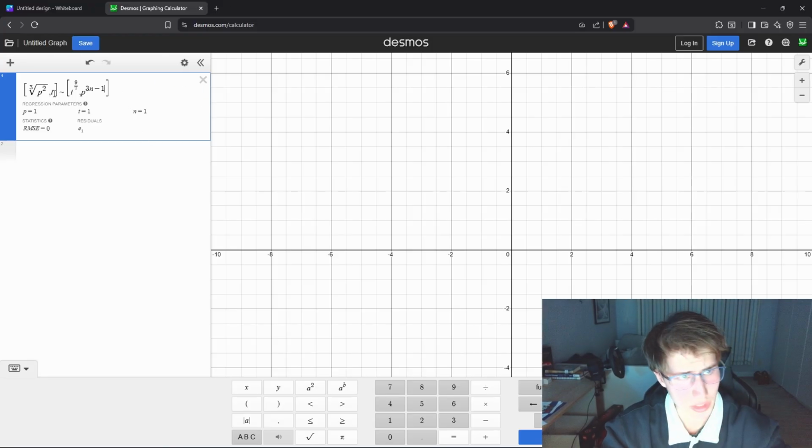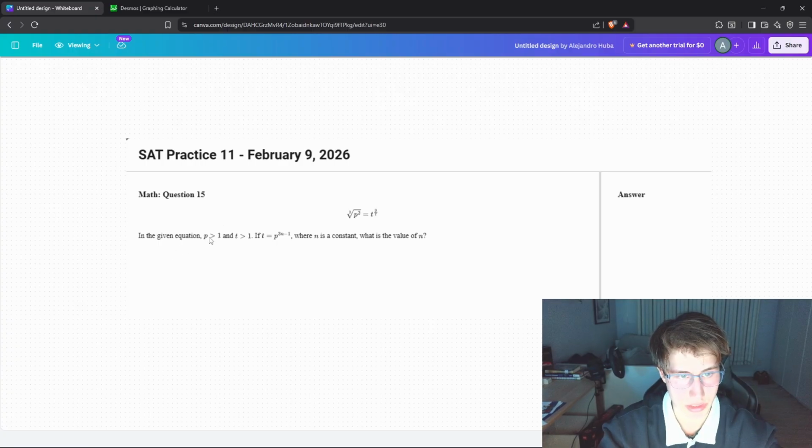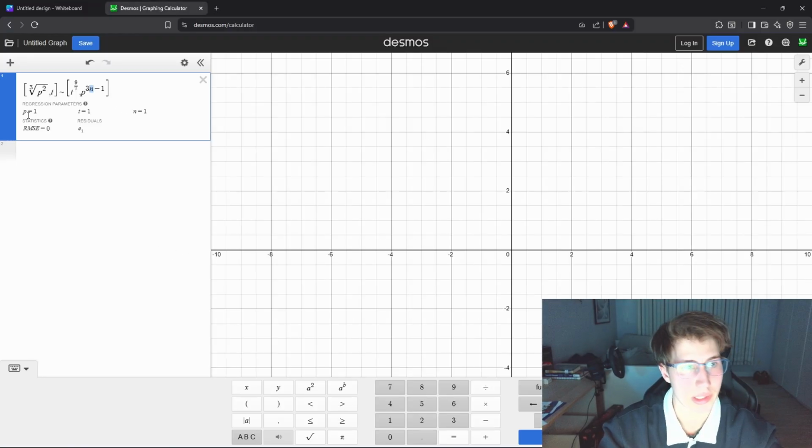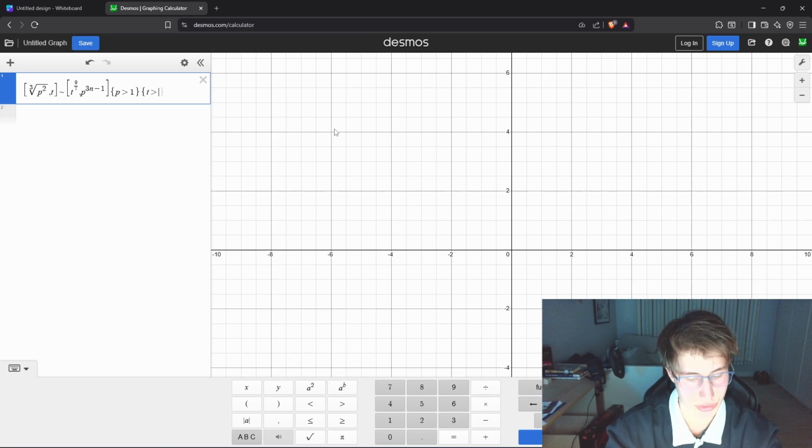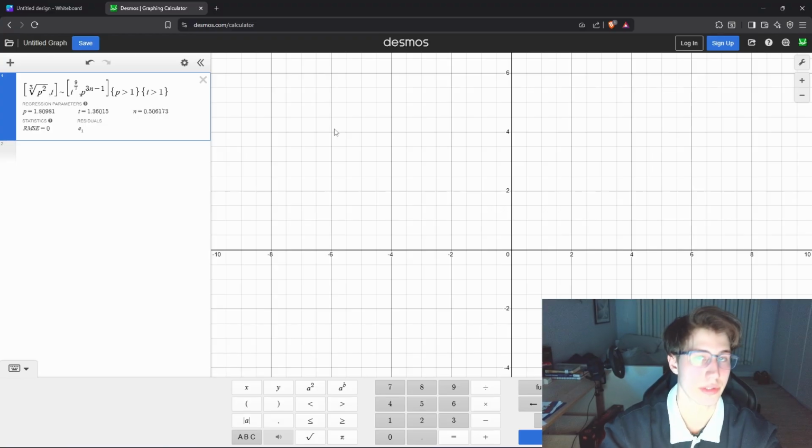And it's asking us to solve for the value of n. But in this case, we also know that p is greater than 1 and t is greater than 1, not equal to. So we can tell Desmos, using these curly brackets, that p has to be greater than 1, and t also has to be greater than 1 for this to work.